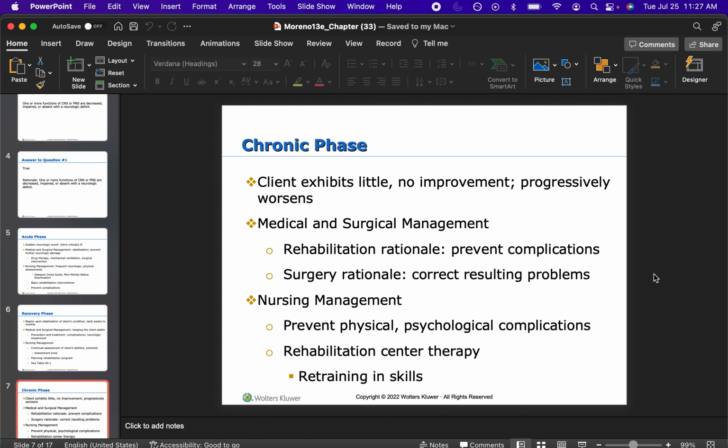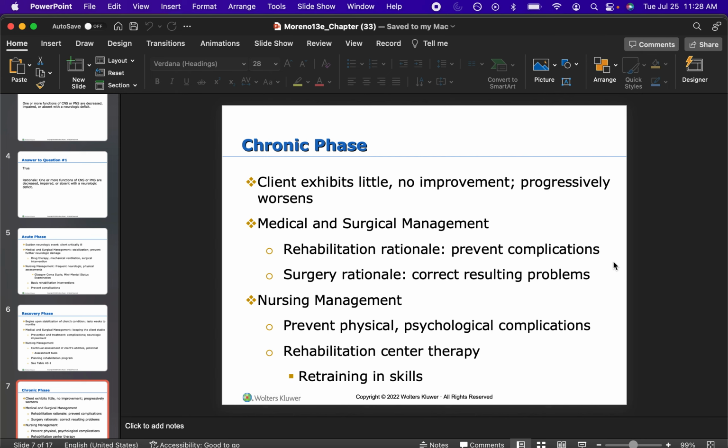And then, unfortunately, we have our chronic phase. The client exhibits little to no improvement, and this progressively worsens over time. Medical and surgical management still prevent complications, and the surgical rationale is correcting resulting problems. So if they are having chronic issues, they may go in and surgically do something.